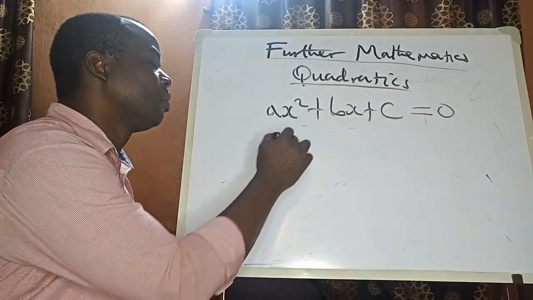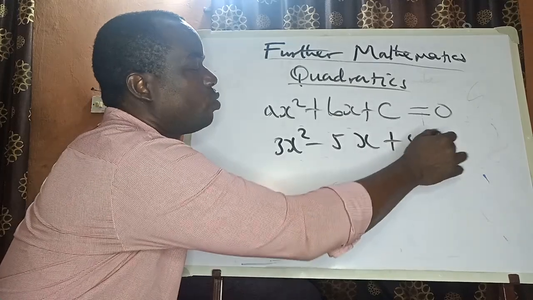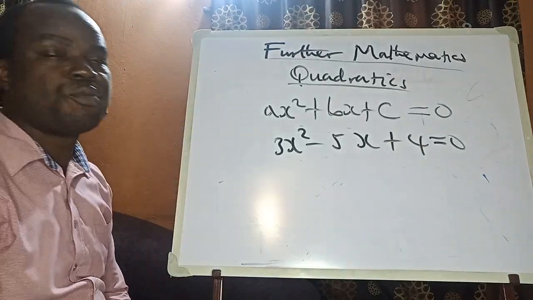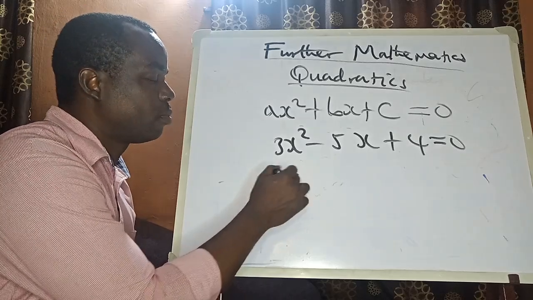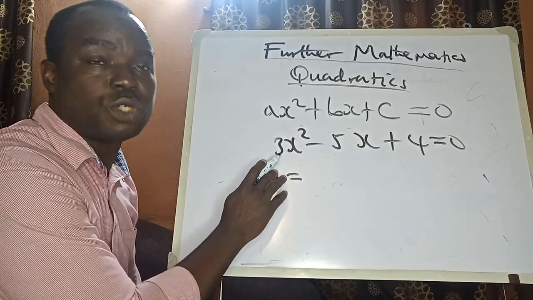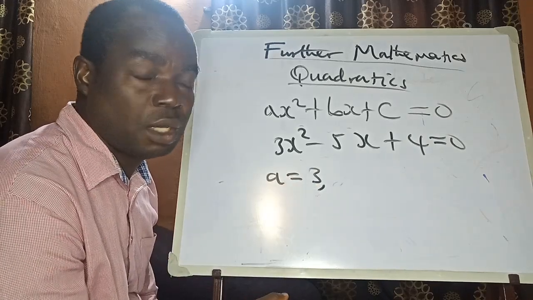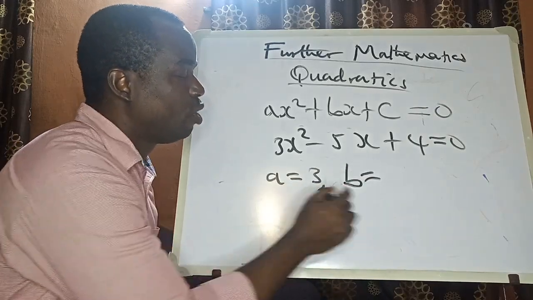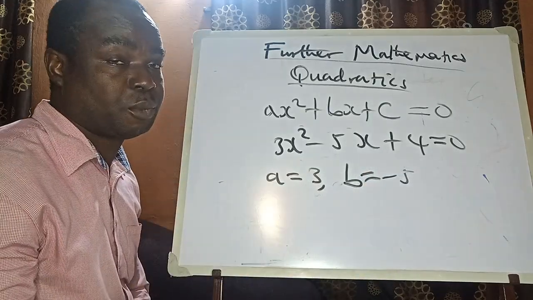Look at another one. Let's say 3x squared minus 5x plus 4 equal to 0. What will be our a? Our a is going to become the coefficient of x squared, which is 3. Okay? Our b will be the coefficient of x, which is minus 5 and not 5.